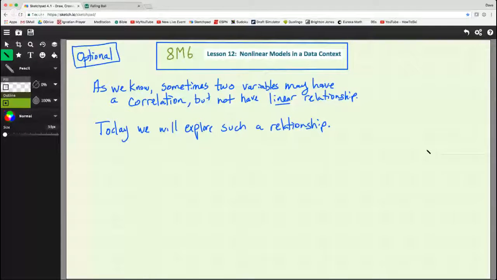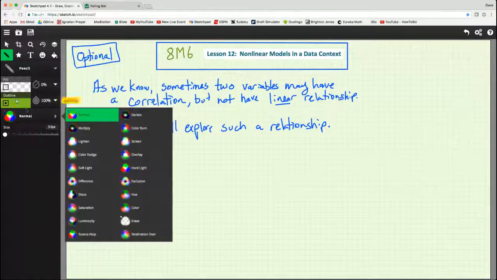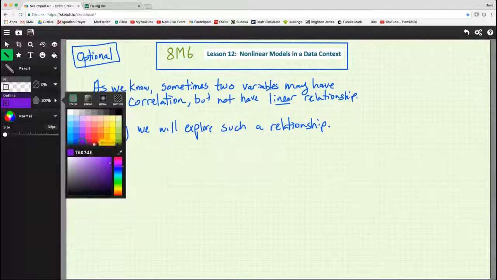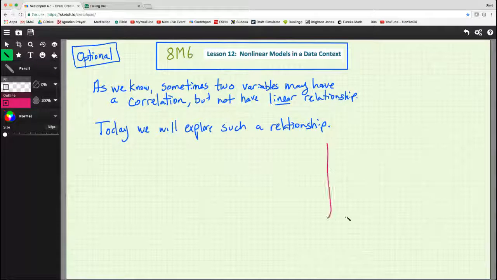Okay, so as we know, two variables may have a correlation that's not linear. So often what we're doing these days is we're looking at data that has a linear relationship.